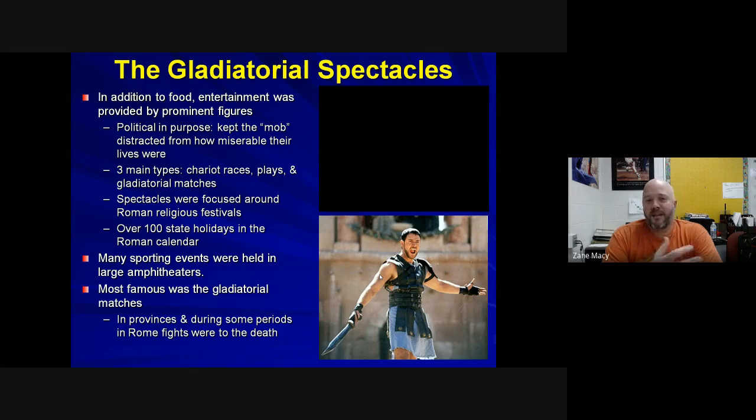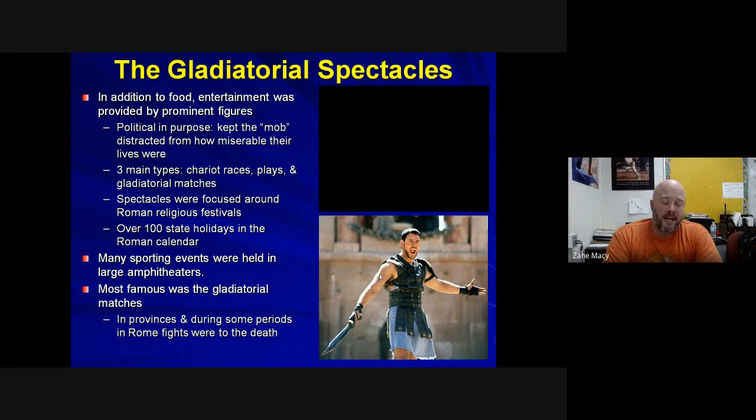In a sense, it made the people forget maybe about how bad their life was. If there was a period of famine, if there was an outbreak of plague or something in one area of the empire, holidays might be declared where people didn't have to go to work and they were provided free spectacles.